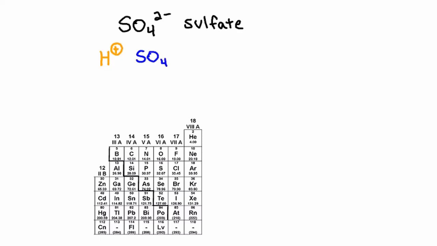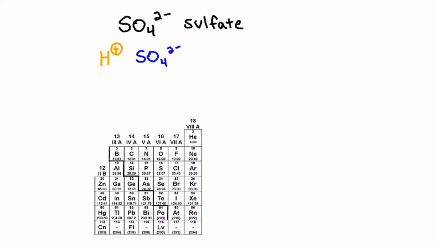So let's do one more. Let's do sulfate. So sulfate is SO4 with a -2 charge. But what if we add a hydrogen to that sulfate? So now we have a hydrogen with a positive charge and the sulfate with a 2 negative charge.